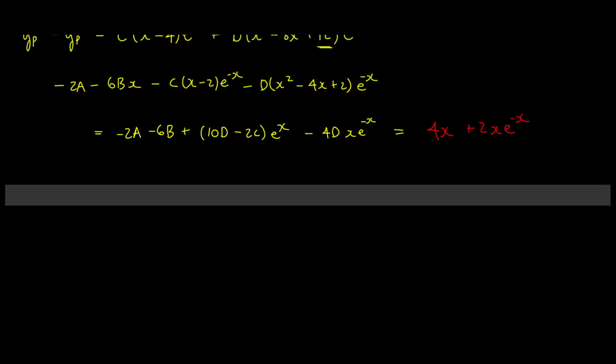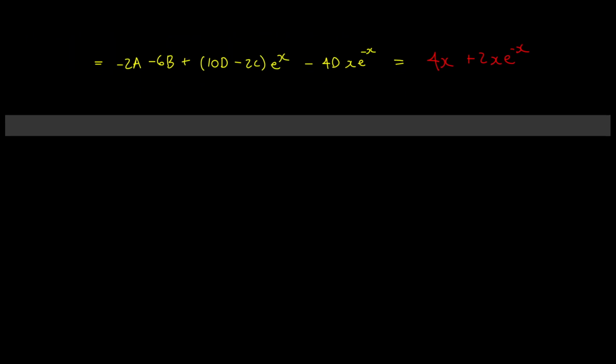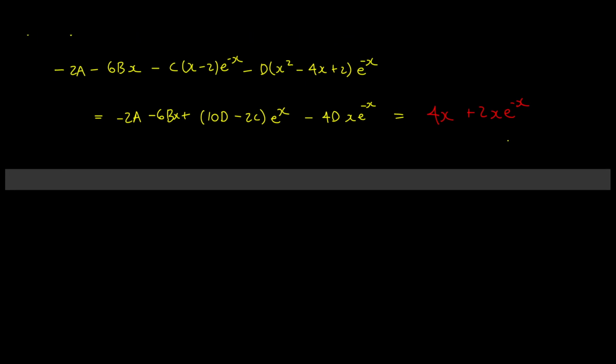The point of doing this is that this will give us a linear system of equations. There is no constant on the right-hand side here, and by the way, there should be an x here. Sorry about that. So there's no constant here, which means that negative 2a should be equal to 0.